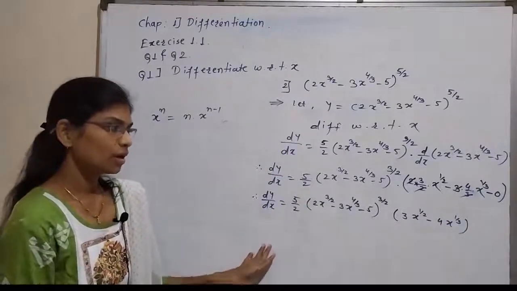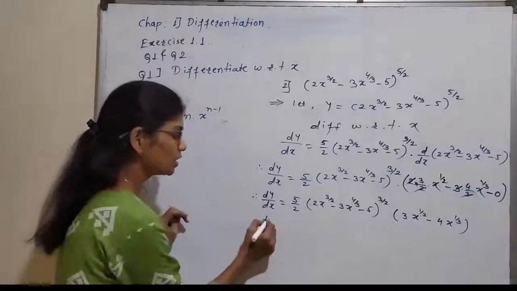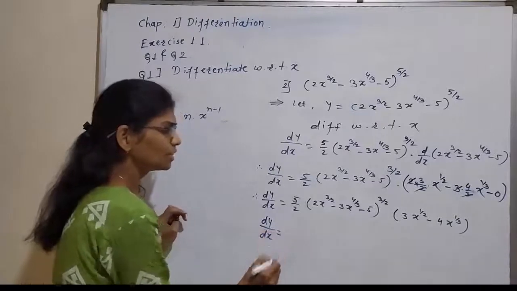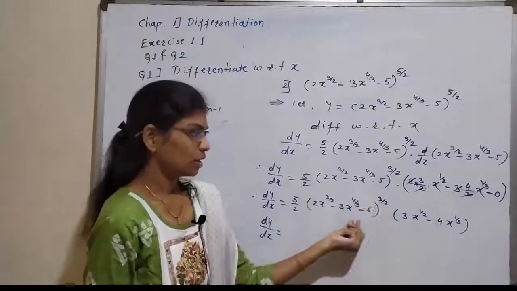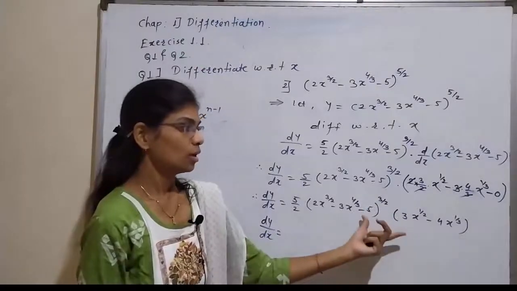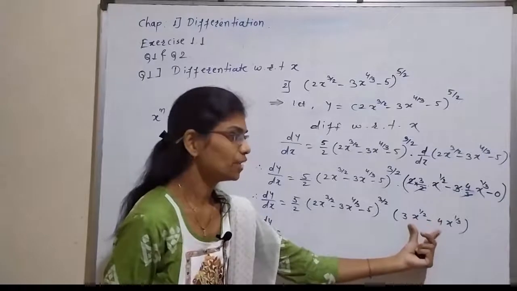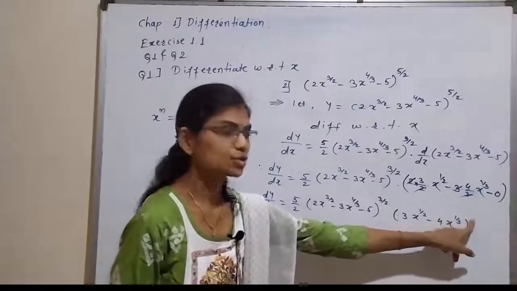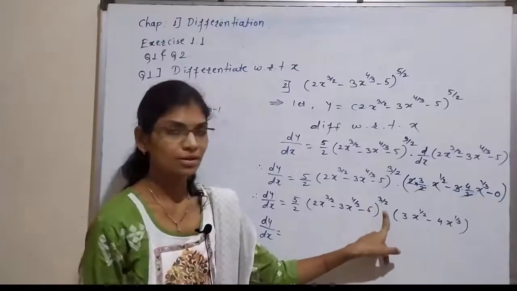Again, we can write this answer as dy by dx is equal to, though that is not necessary, but by the rule we write the second bracket which has index only 1, and the next bracket has index 3 by 2.